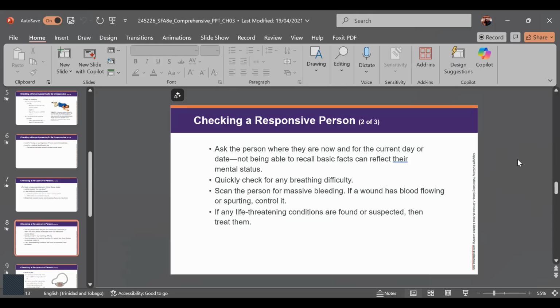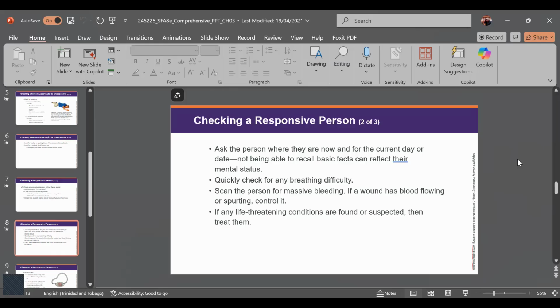Obviously, quickly check for difficulty breathing. One of the easiest things to do for the conscious person when checking breathing, you ask them, are you having any difficulty breathing? Okay. And of course, you do the same thing. You check the entire body for any major bleed. We're not talking about these small scrapes and bruises here.